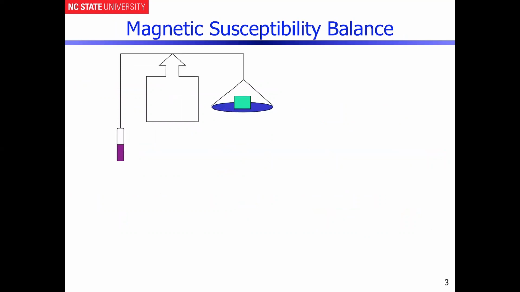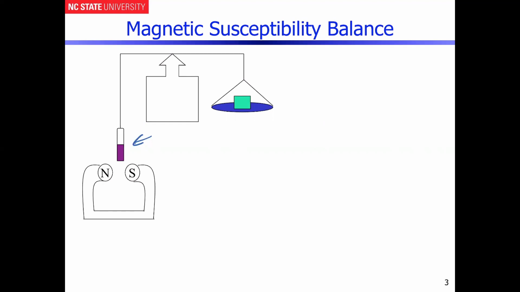So the way the magnetic susceptibility balance works is it can work in two different ways, one of which is the classical type of measurement where you have a sample that's contained here, and you basically float it above a permanent magnet.